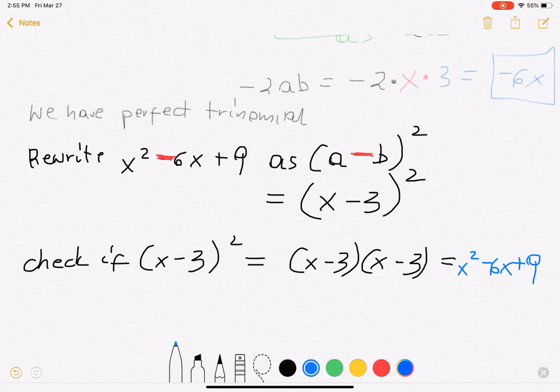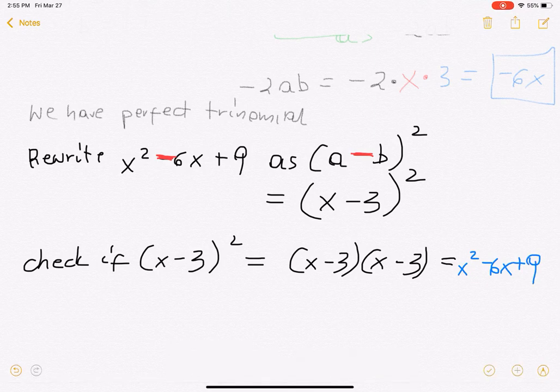You can check that in your free time. And let's see. That's it. I'm not going too deeply into that perfect trinomial because we're going to talk about factoring a little more in the next section.